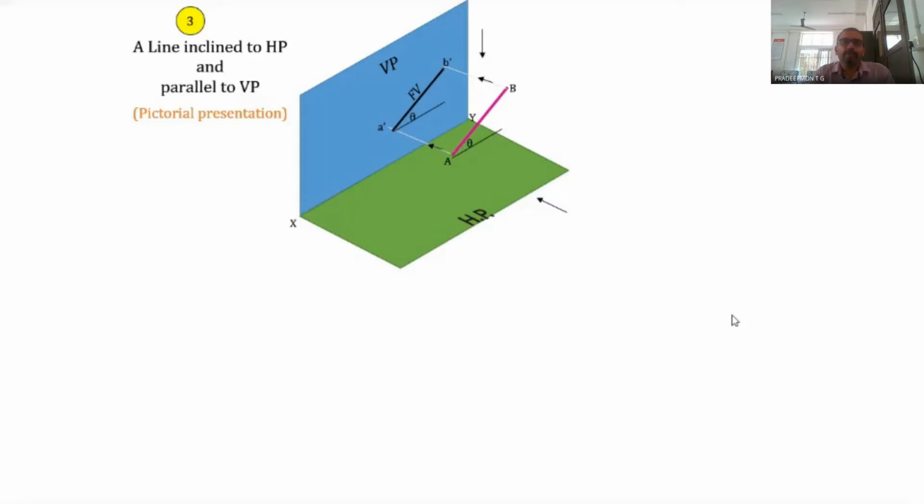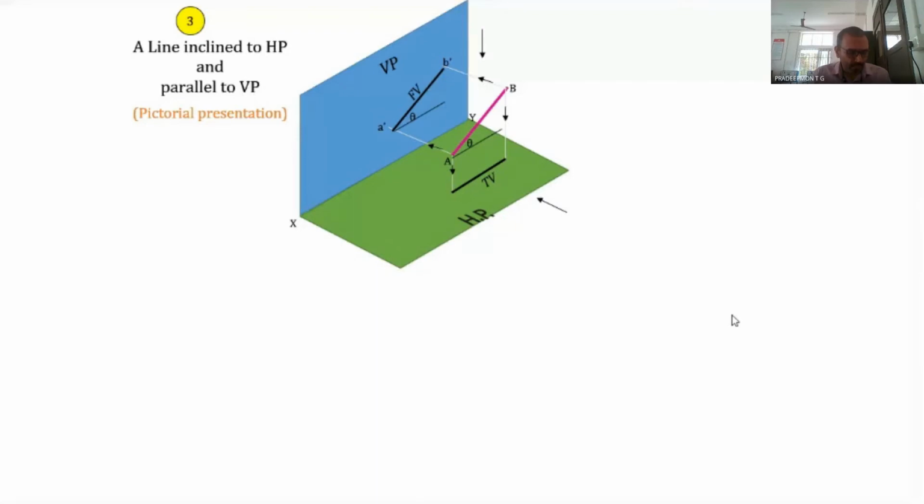Now in order to get the top view, we look from the top, and the endpoints A and B are projected to the HP, and here we obtain the top view. So this top view will be a line which is parallel to XY. Since the line is parallel to VP, the top view should be parallel to the XY line. That condition we have already seen.